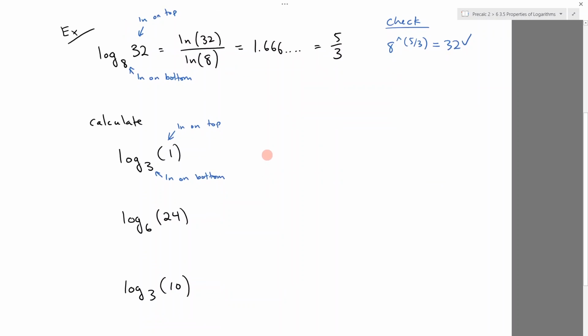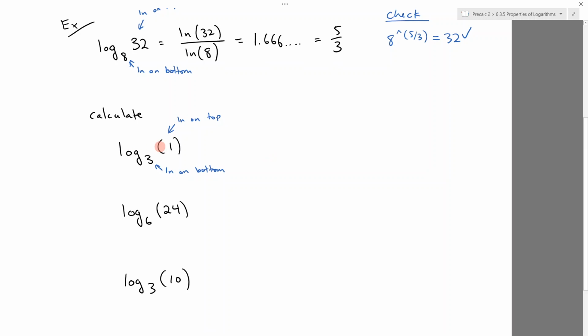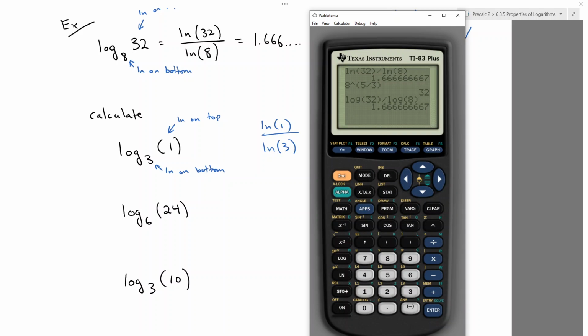Okay, so let's look at the other example. We just repeat the same thing. This goes into a natural log on top, and this goes into a natural log on the bottom. So we calculate natural log of 1 divided by natural log of 3, which is equal to 0.